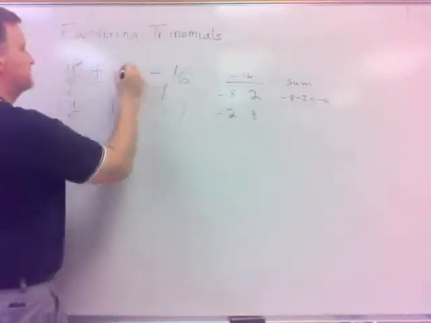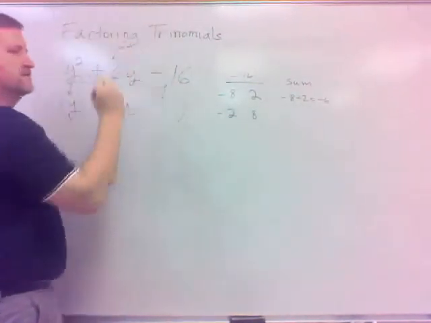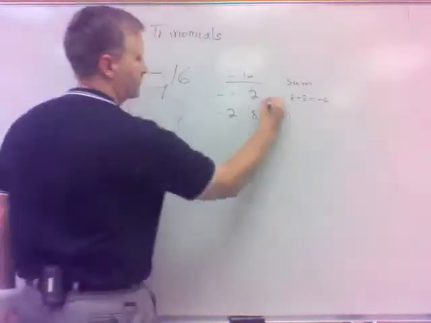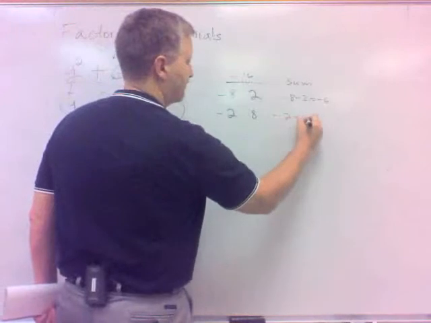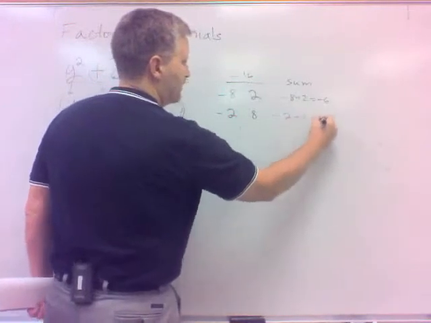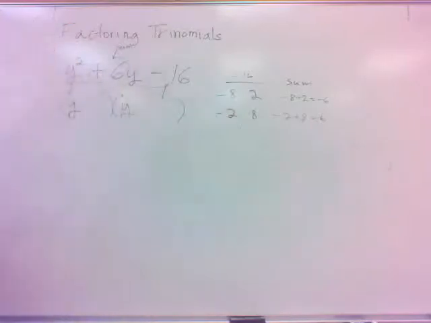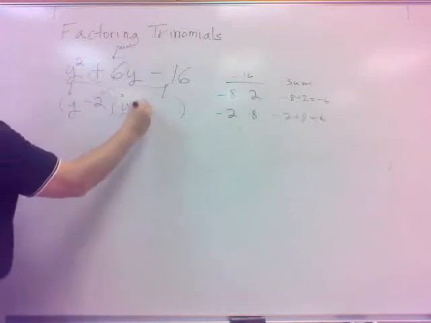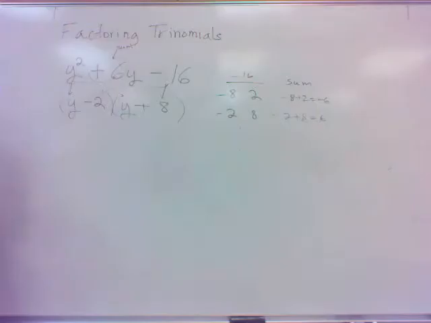I need them to be summed to be a positive 6, don't I? So it's not that one here. Yeah, if I add those 2 up, I do get a positive 6. Okay? Now, y minus 2, y plus 8. Everybody okay on that? Or y plus 8, y minus 2.